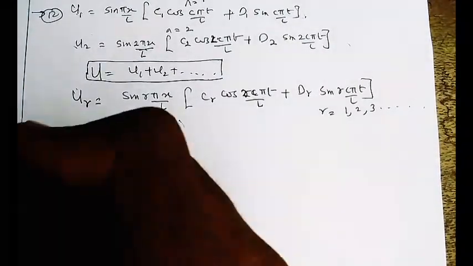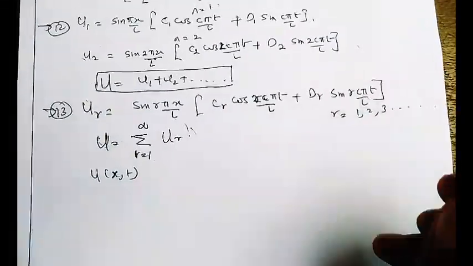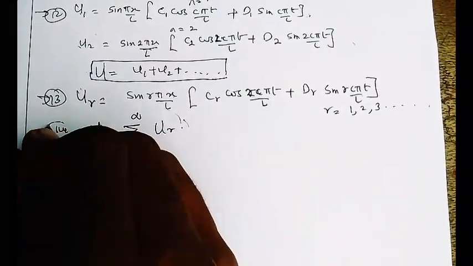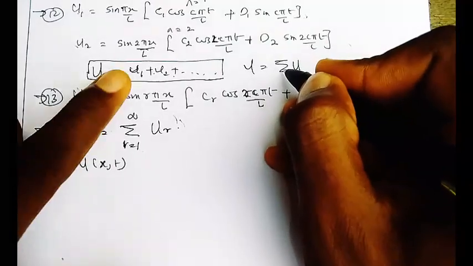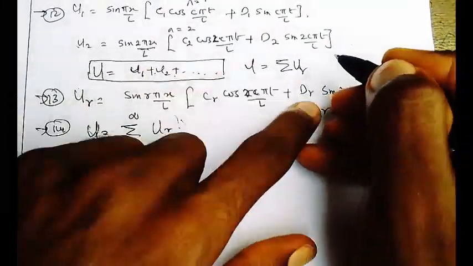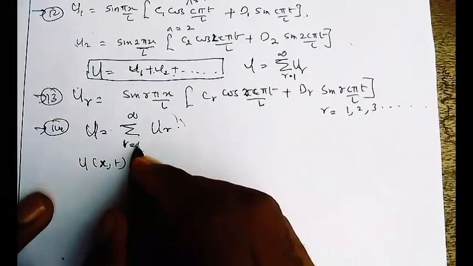So this is my 13th step: write the general form for ur. My 14th step: since I'm summing this, u is the summation of ur where r is 1, 2, 3, and so on. I just wrote this as the general form of what I wrote here.